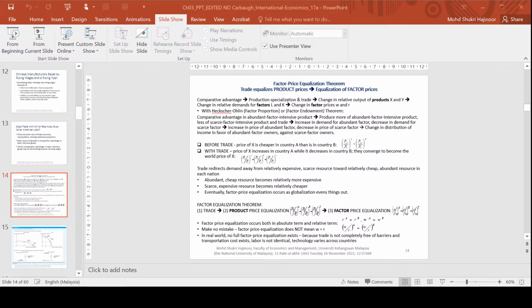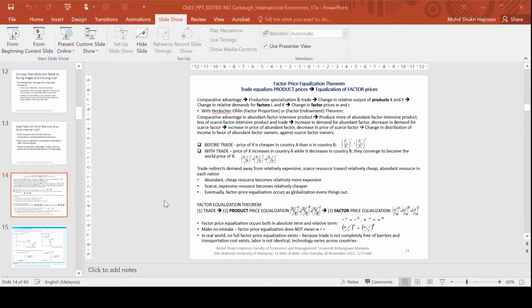So when capital use decreases, there is less demand for capital, so the capital interest rate will go down. That's what happened to China. When there is less demand for capital, the interest rate will go down and meet here. So this is factor price equalization on labor.